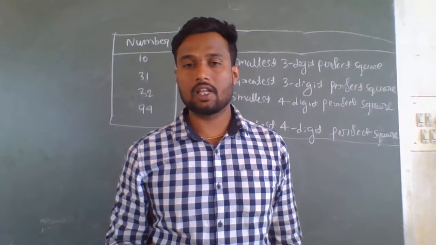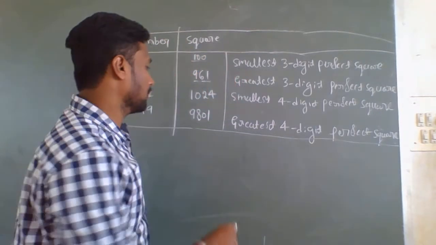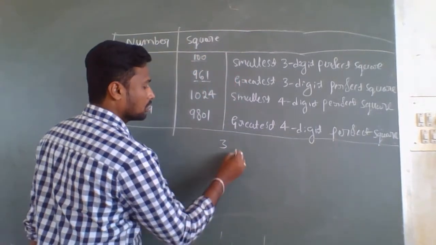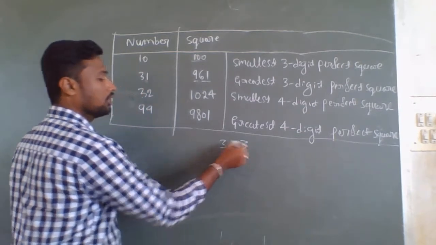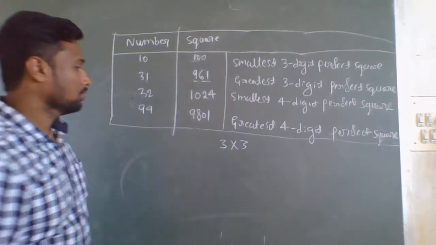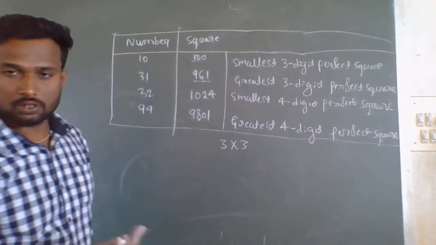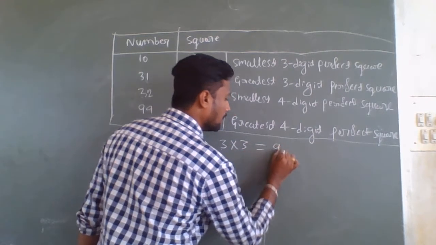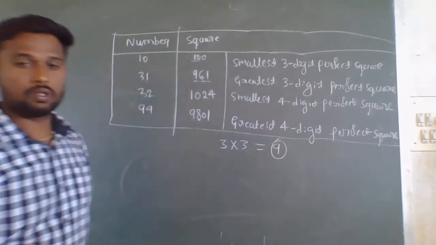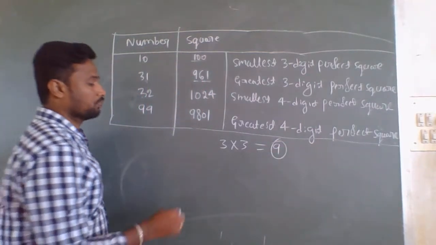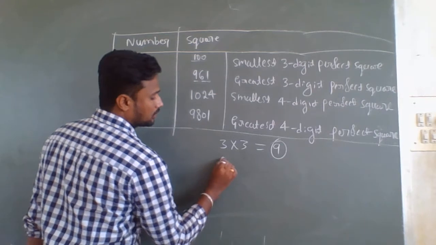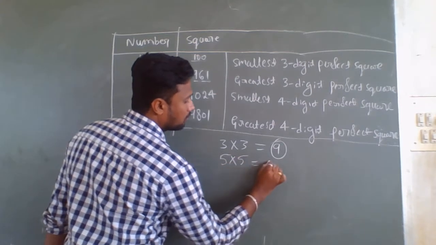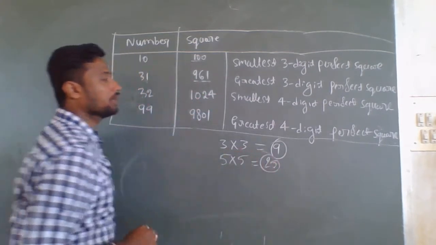That is called a perfect square number. For example, 3 into 3. Here we are multiplying the same value 2 times, means we are multiplying 3 2 times. What we will get? 9. So this 9 is called a perfect square number. Or you can consider another example, 5 into 5 means 25. Here 25 is a perfect square number.